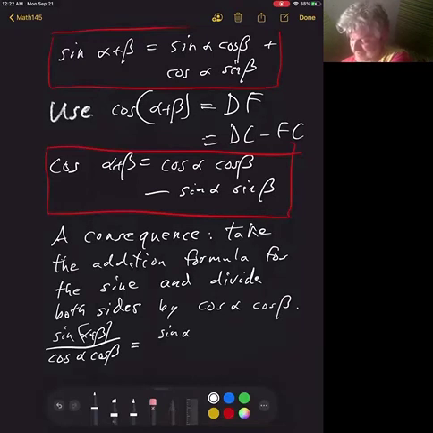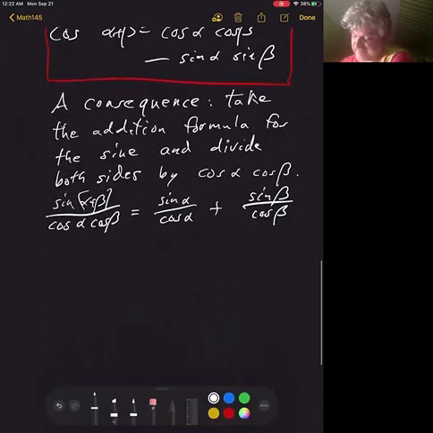Cosine beta will cancel out, so that's just cosine alpha left, plus cosine alpha will cancel, and sine beta divided by cosine beta is left, which is of course tangent alpha plus tangent beta.